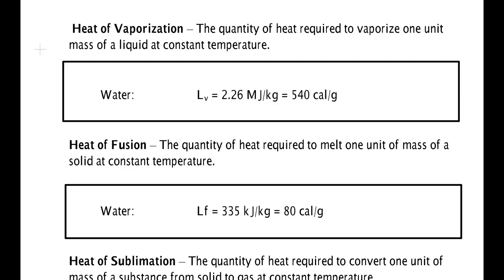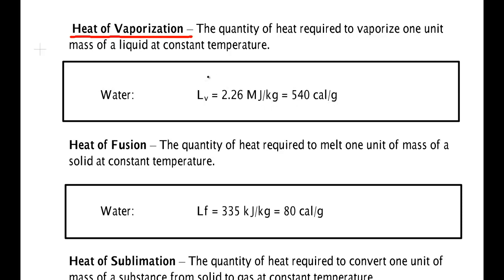When you vaporize, that is when you break liquid bonds in order to make a gas, we call this the heat of vaporization, or the latent heat of vaporization. And generally we're talking about water, and for water that amount is 2.26 megajoules for 1 kilogram of water, or 540 calories for a gram of water.